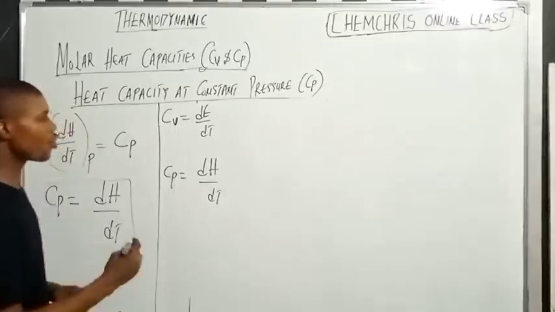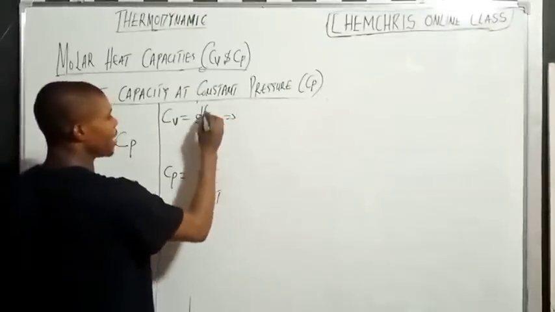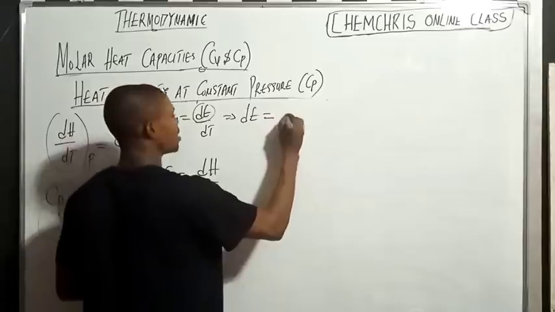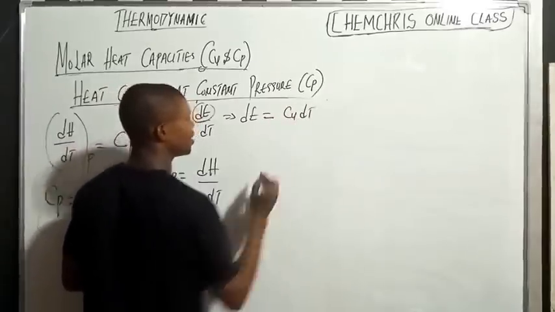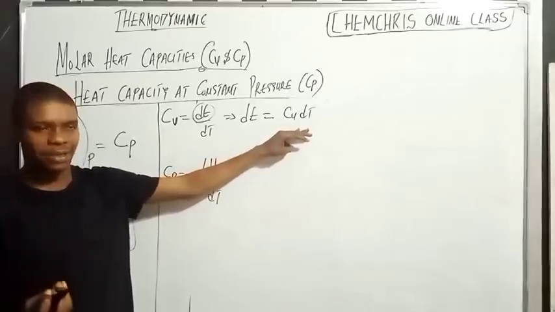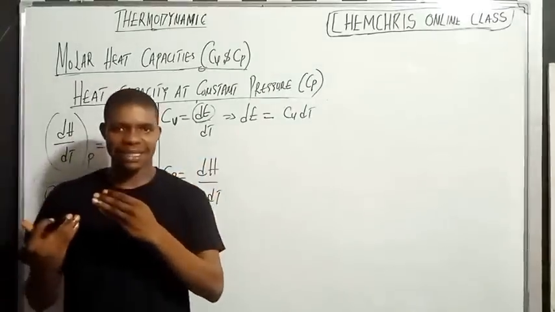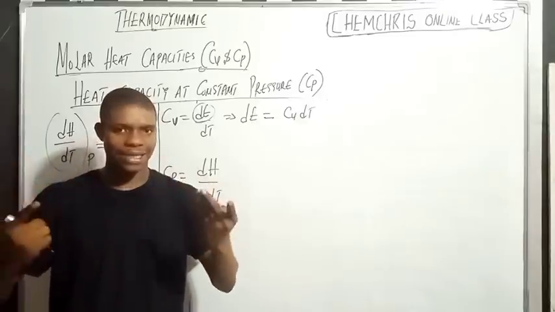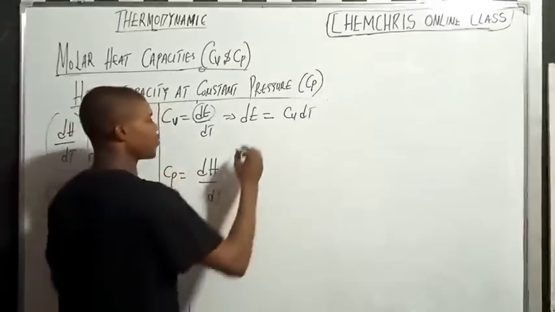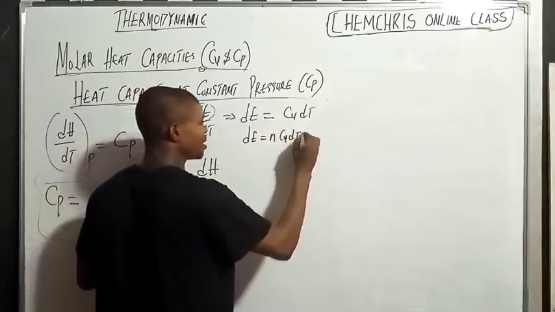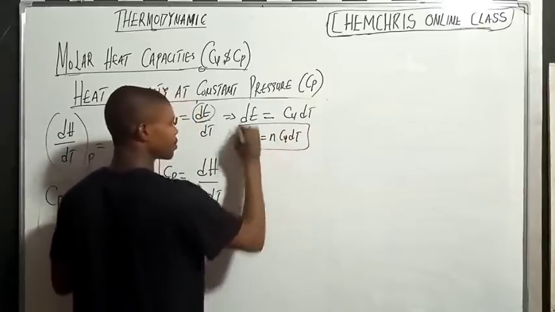You get. So now if you want to make a formula here, it is going to be delta E equals Cv change T, right? This formula is for 1 mole of a gas. Now, for n moles of a gas, if the mole is not one, the formula you want to make use of is delta E equals nCv change T. Very important here.